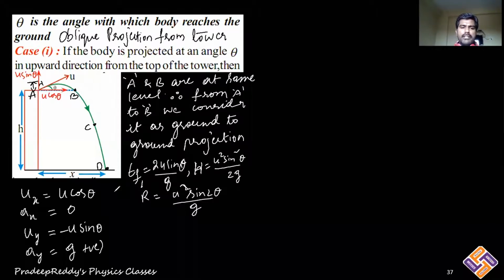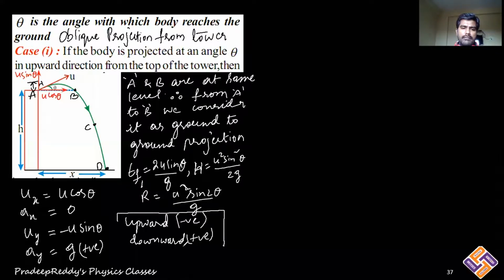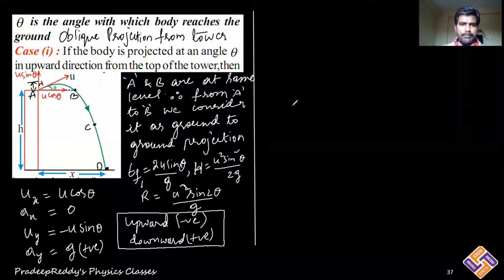The reference I am considering is upward as negative, downward as positive. This is the reference I am choosing in order to handle this oblique projection from the top of the tower.